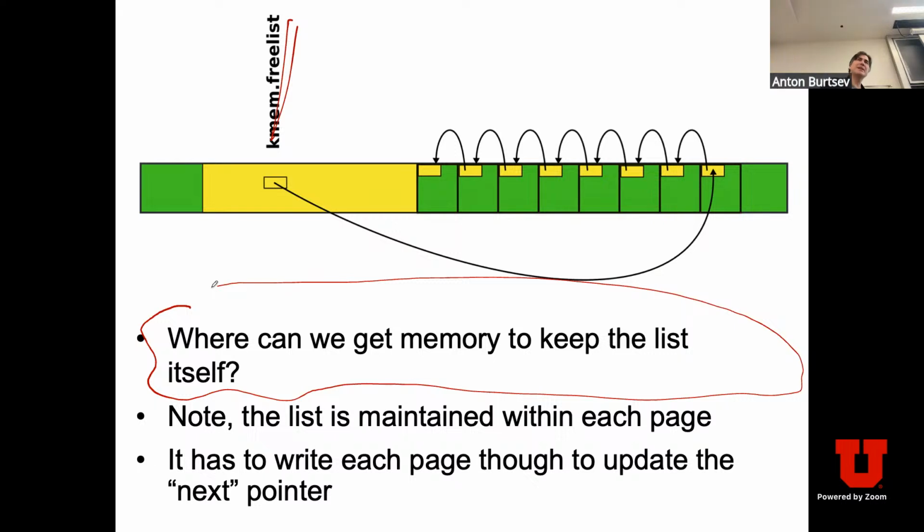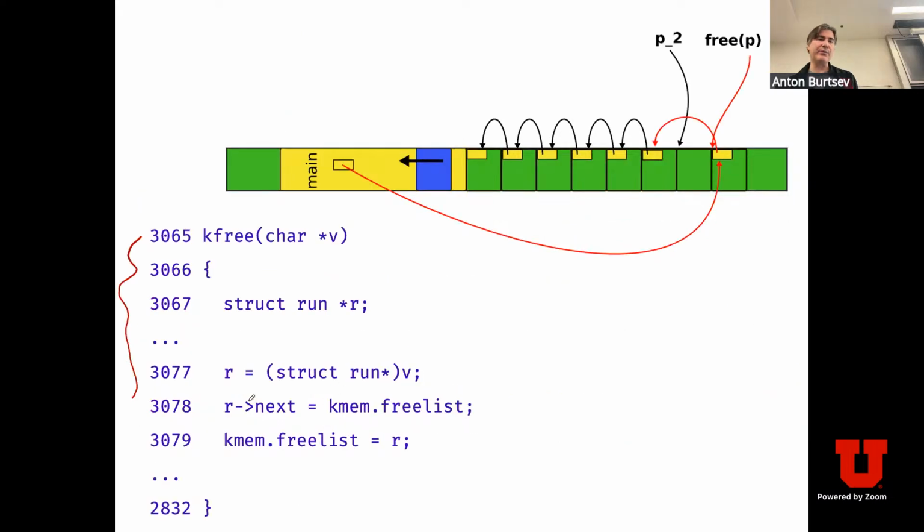And there is an additional interesting detail: the elements of the list themselves live in those pages, meaning that when we run this code, kfree, we actually access r->next right here, right? Which means that those pages on the list have to be mapped in virtual memory, mapped by the page table. Because if they are not mapped, then if you try to write here, it will trigger an exception immediately.